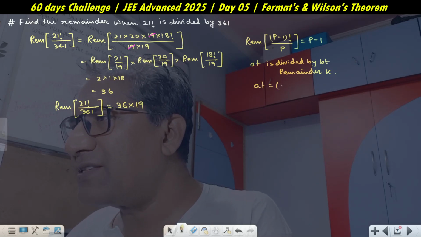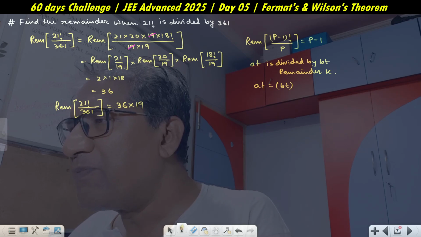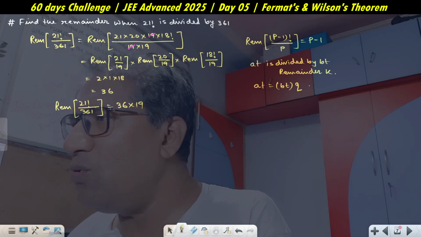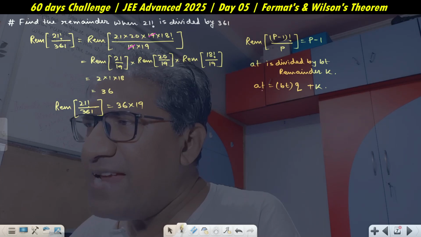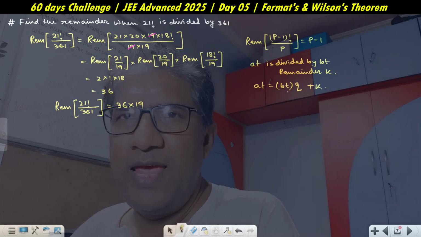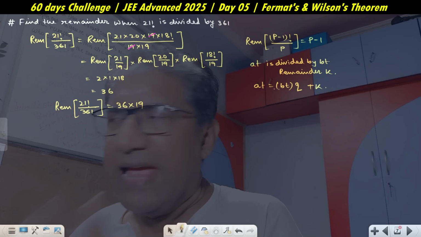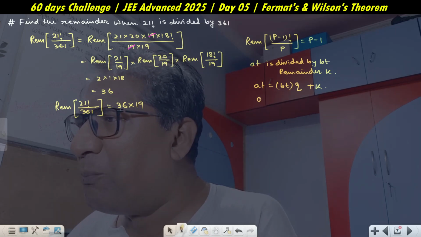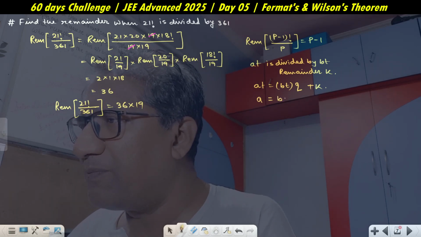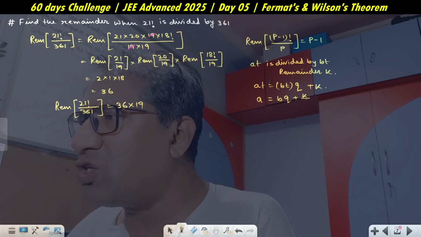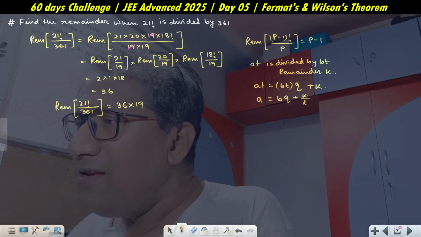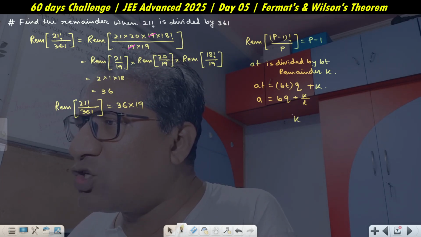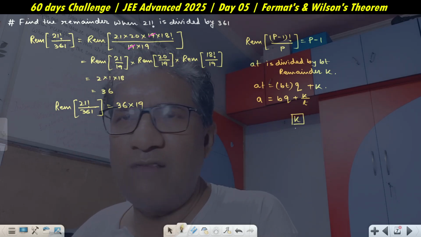AT is BT into some quotient, let us write the quotient as Q, plus the remainder K. Now from the dividend and the divisor, if we cancel T, that is, I am dividing both sides by T, you are actually getting K over T. So when you want to find the actual remainder K, what do you have to do?